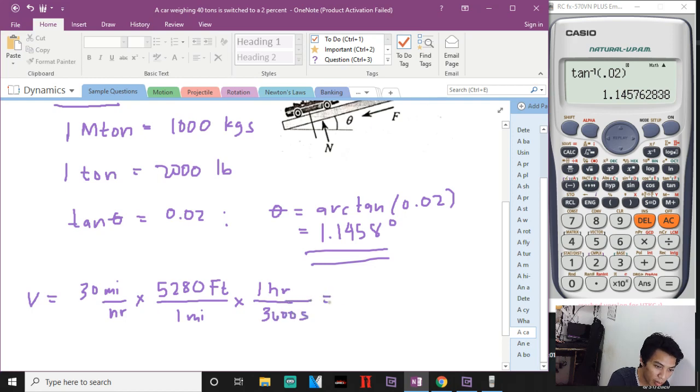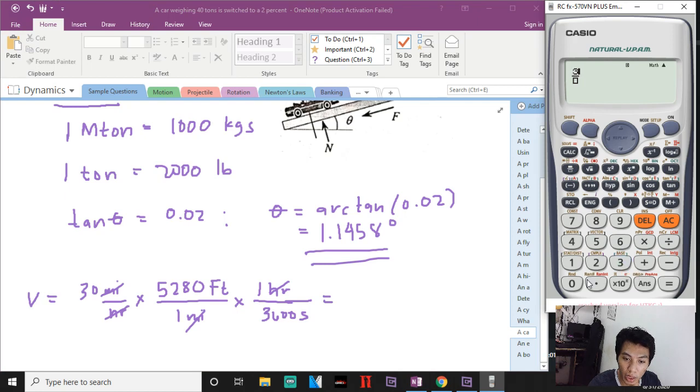It becomes feet per second, and we cancel the units. Calculate 30 times 5280 over 3,600. That is 44 feet per second.